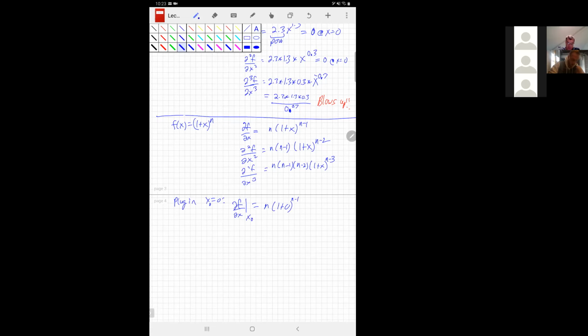And 1 plus 0 is 1, and 1 to any power is 1. So we just get n. And partial squared f by partial x squared at x naught is n times n minus 1. And the third derivative, partial cubed f partial x cubed evaluated at x naught, is n times n minus 1 times n minus 2.